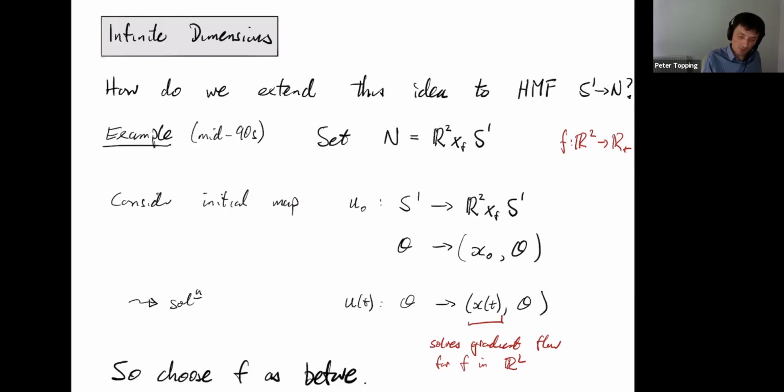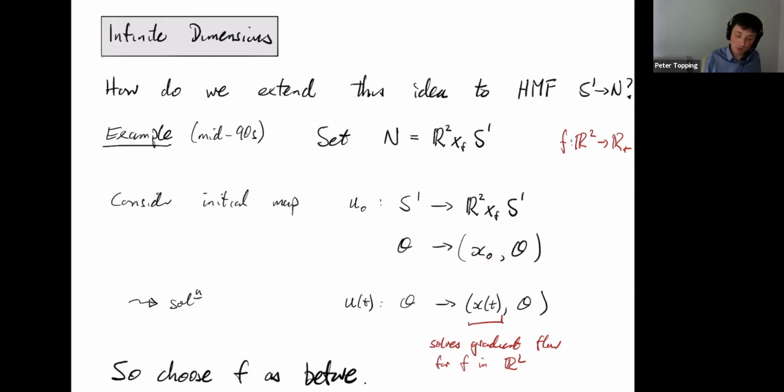So what sort of initial data am I going to take? u0 is my initial data, and it's going to be the identity from the S1 to the S1, so theta goes to theta, and it maps the whole of this S1 to one point x0 in R2. If you work out the energy of this map, it's basically the energy of the identity from S1 to S1 times f at whichever point you're considering.